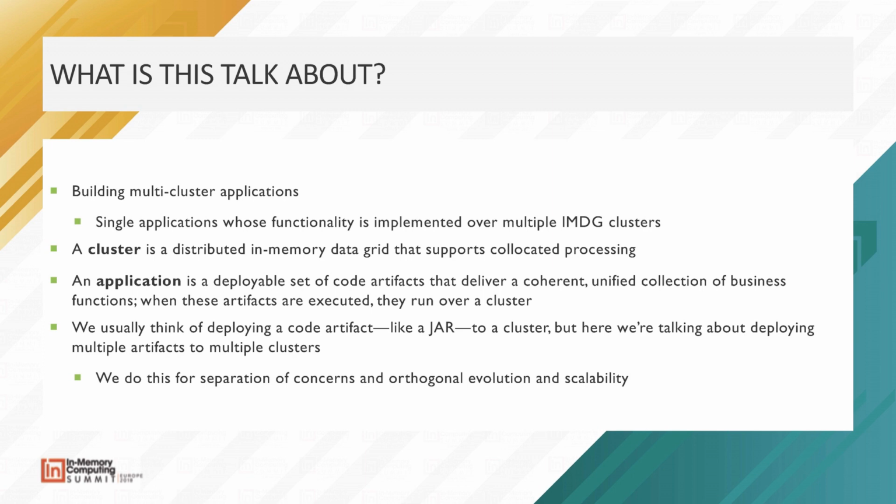For the purposes of this talk, a cluster is a distributed in-memory data grid that supports co-located processing. The co-located processing I cannot emphasize enough. If you look at Hazelcast, Gigaspaces, or GridGain, and we'll get into how this works a little more later, all of those data grids support the idea of running code on top of data. If you think about it, all of the servers in your grid have CPUs.